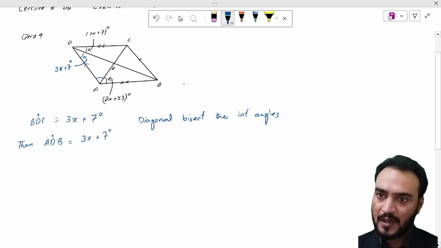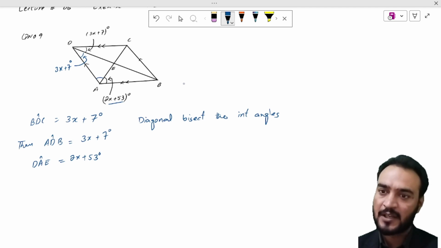And if the angle at point A, that is the angle EAB, is equal to 2x plus 53 degrees, then this angle, that is the angle DAE, is also equal to 2x plus 53 degrees because in a rhombus the diagonal bisects the interior angle. And this angle is equal to 90 degrees because the diagonals intersect at right angles.